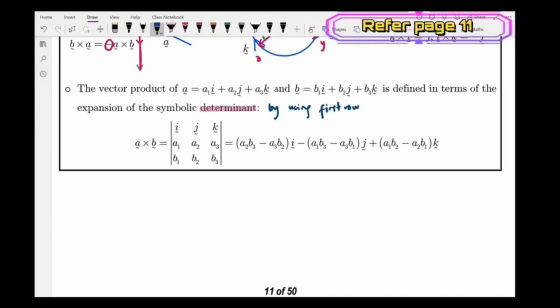Kita eliminate first row and then kita darab macam biasalah nak cari determinant. So untuk kes ni macam biasa saya selalu ajar student saya, mula-mula kita letak I. Sebab ingat dia ada positif, dia ada negatif, dia ada positif. So untuk I dia positif, untuk J dia negatif. So minus J plus K.